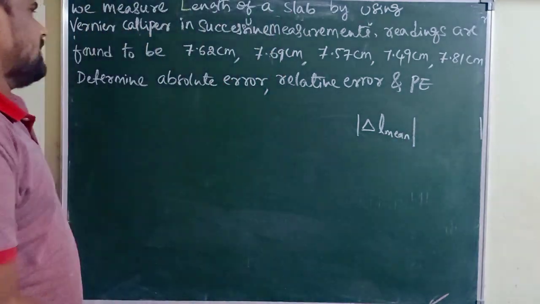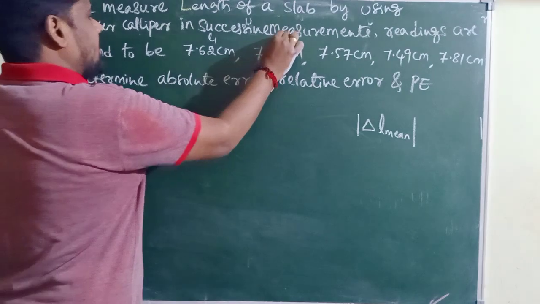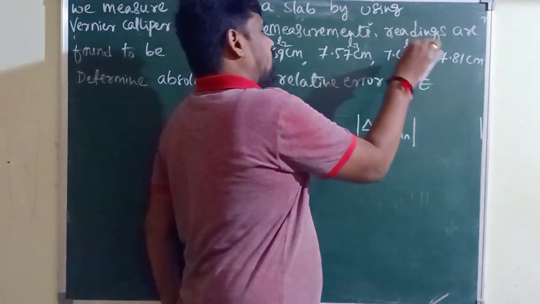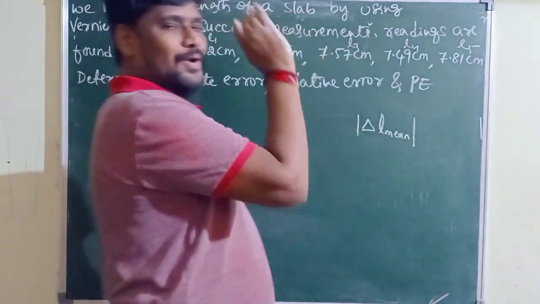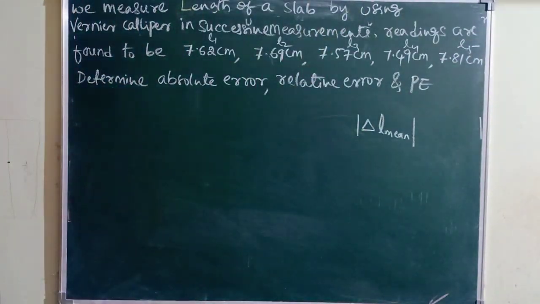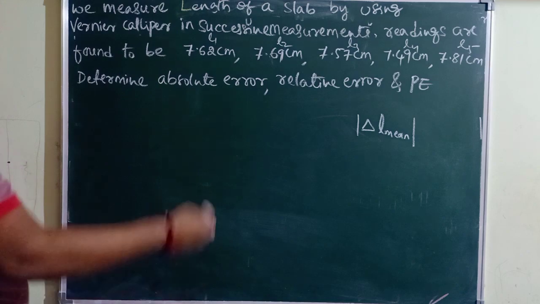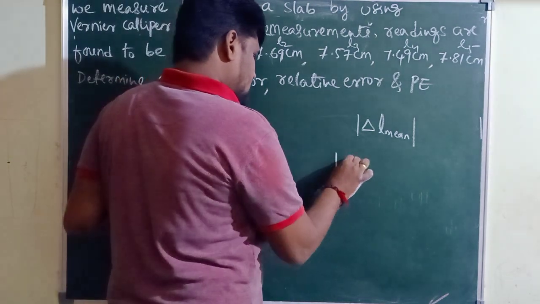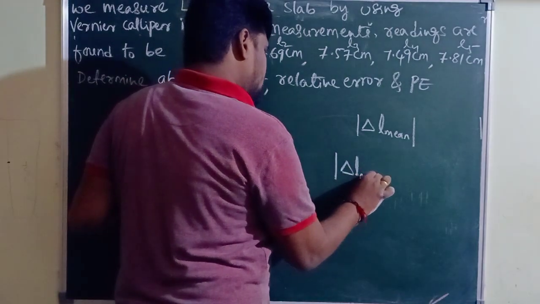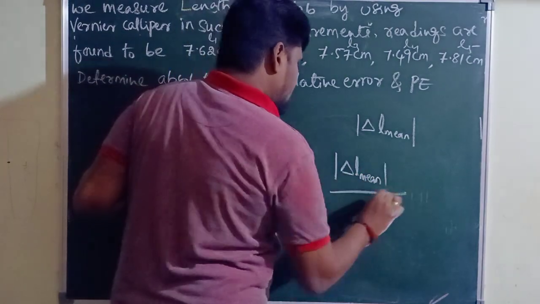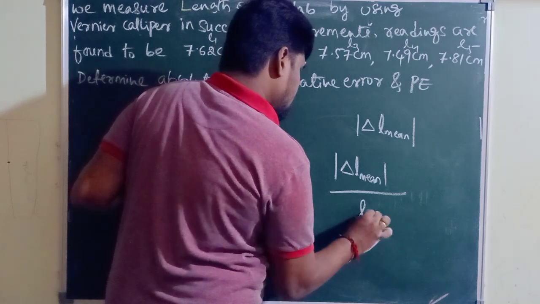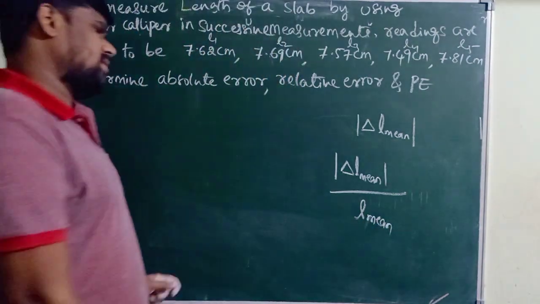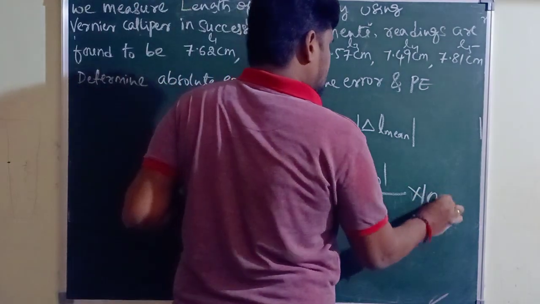Here the first reading is taken as L1, the second reading is L2, the third reading L3, L4 and L5. Like T1, T2, T3, T4, but you have to denote it as L here. Delta L mean. Then what is relative error? Delta L mean divided by L mean. This is your relative error. Percentage of error is relative error multiplied by 100.